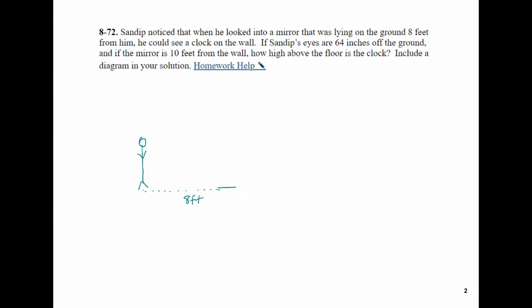He can see a clock on the wall. If Sandip's eyes are 64 inches off the ground, and if the mirror is 10 feet from the wall, how high above the floor is the clock?